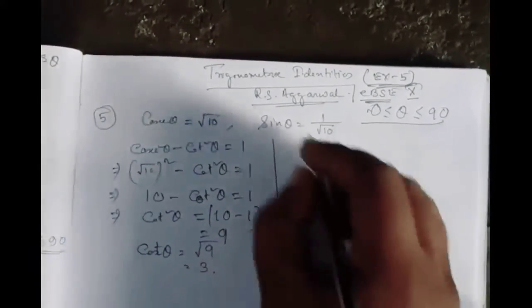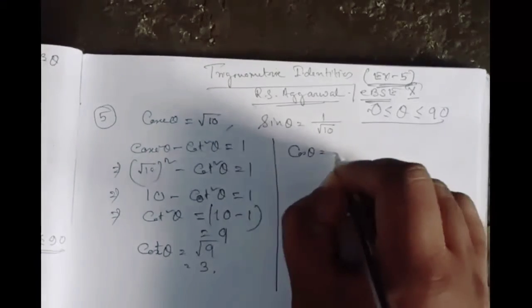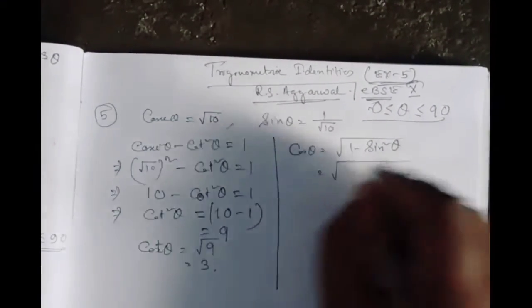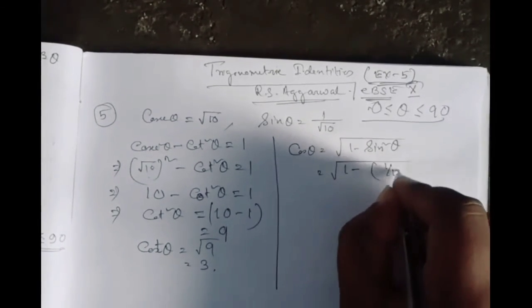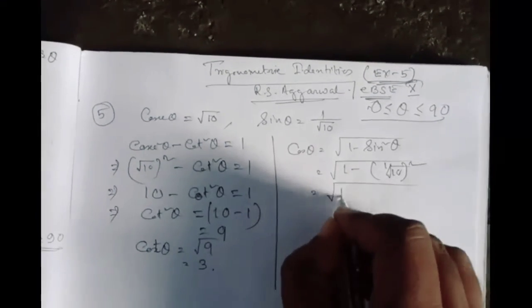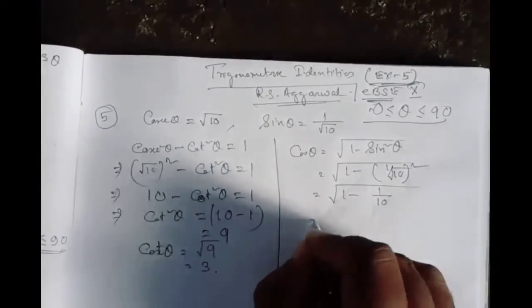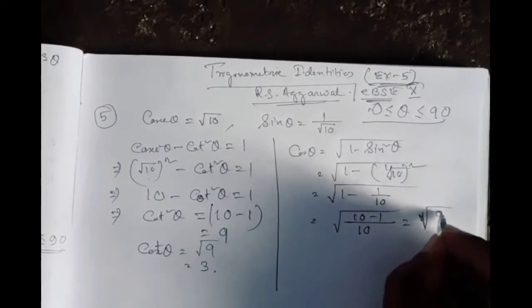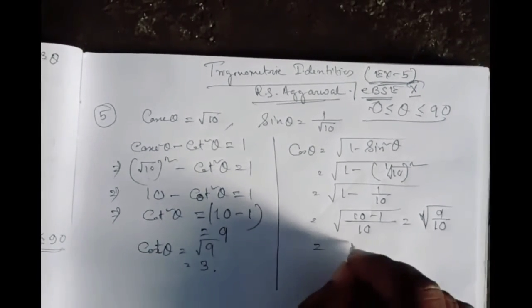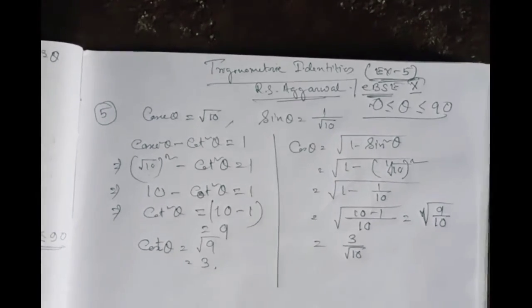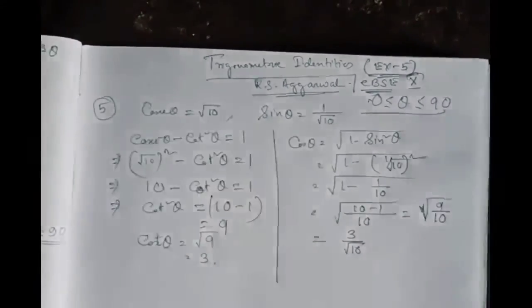Sin theta is given, so cos theta is equal to root over of 1 minus sin square theta, that equals root of 1 minus 1 by 10, that equals root under 9 by 10, that is 3 by root 10. This is cos theta. Next, tan theta we have to find.